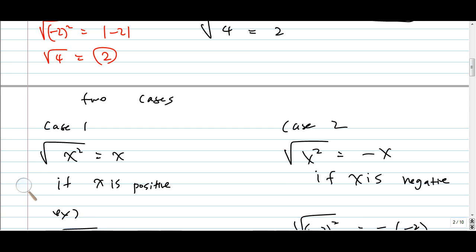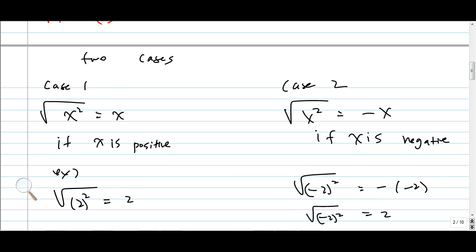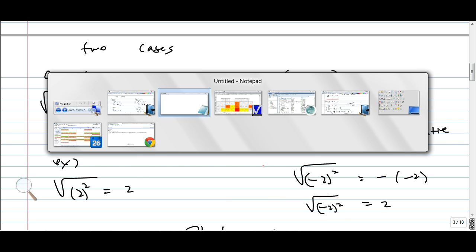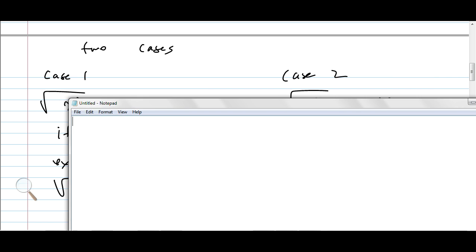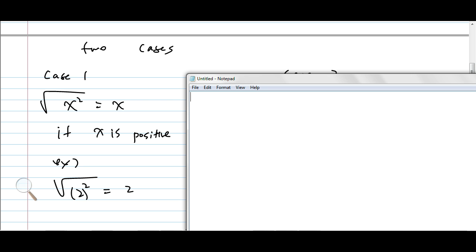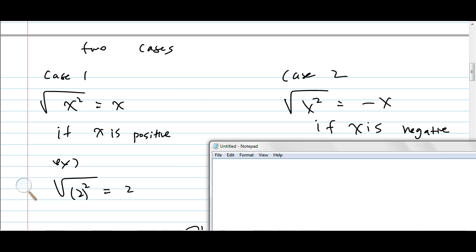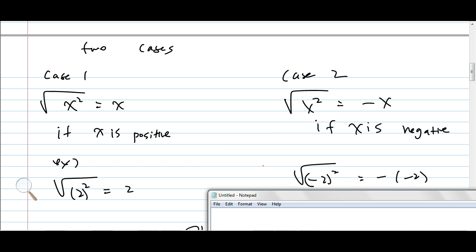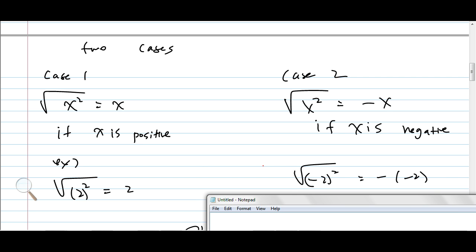So if x is positive, the square root of x squared equals x. But if x is negative, you have to multiply by negative 1, because if x is negative 2, then you get positive 2 as the answer.